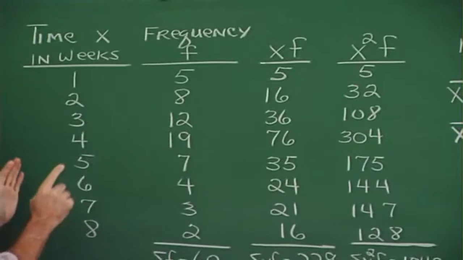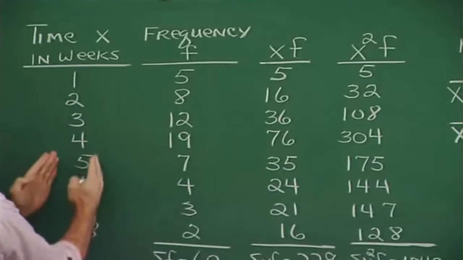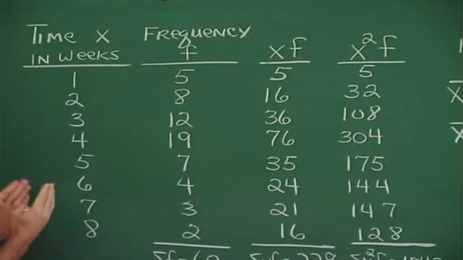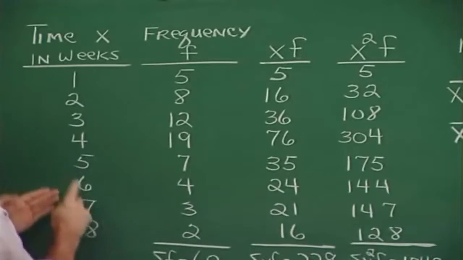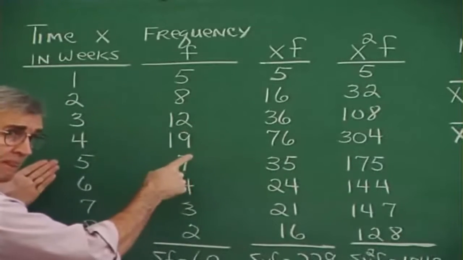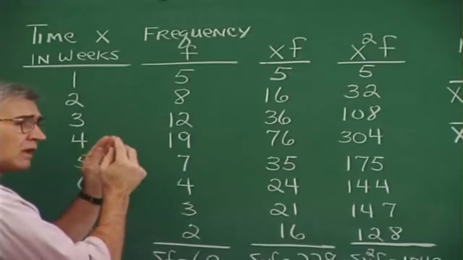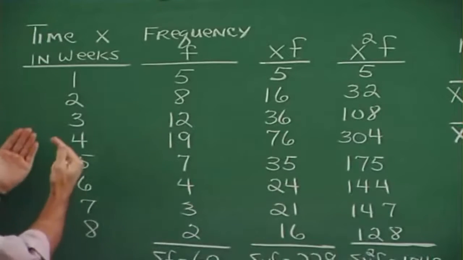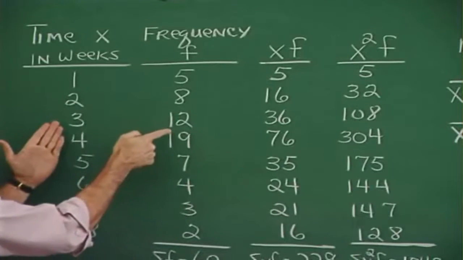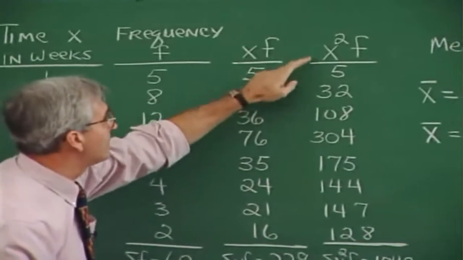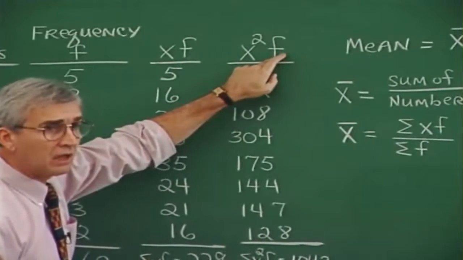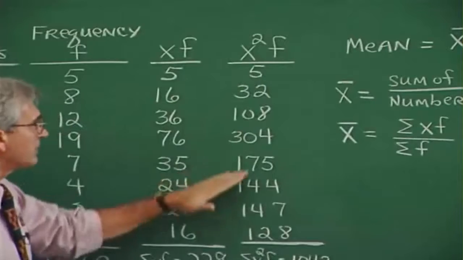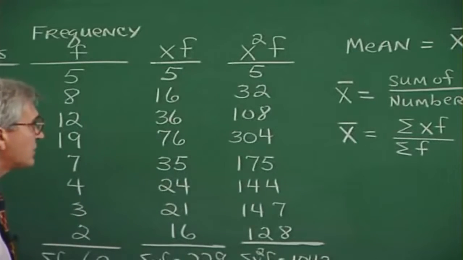So it's not just squaring these and adding them. It's the idea of squaring these and multiplying times a frequency. So we need a column that is x squared times frequency, and that's why I have an x squared f column over here. It is just for the purpose of calculating standard deviation.